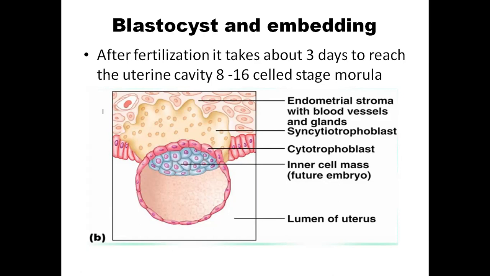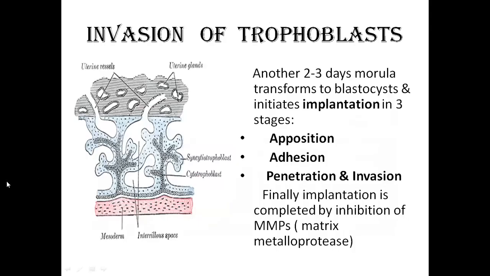And now there is the invasion, where we find that the syncytiotrophoblast along with the cytotrophoblast both penetrate into the stromal cavity, and now the stromal cells change into rounded cells which are called the decidual cells.